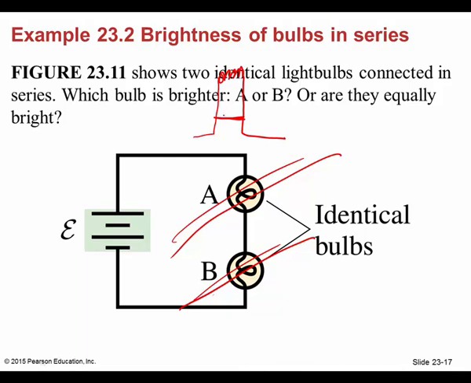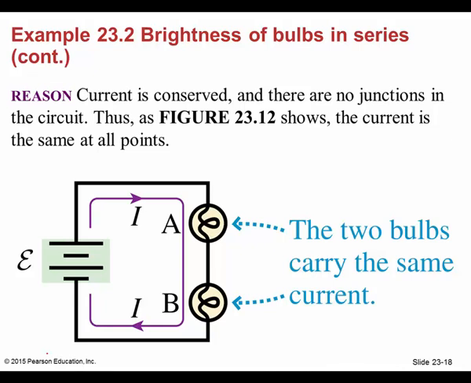If the filament burns out, the current will continue to flow, and that was an easy fix for Christmas lights, okay? Once this was discovered, it was much easier to change them because only one would go out, not the whole string, okay?